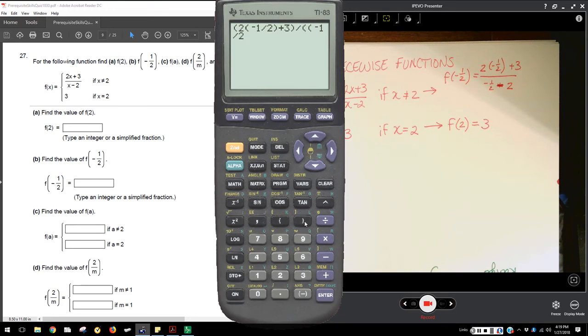Notice that I'm putting all the fractions in parentheses. You always put fractions in parentheses and negative signs in the parentheses with negative fractions.